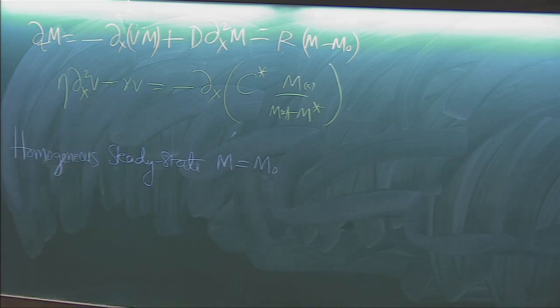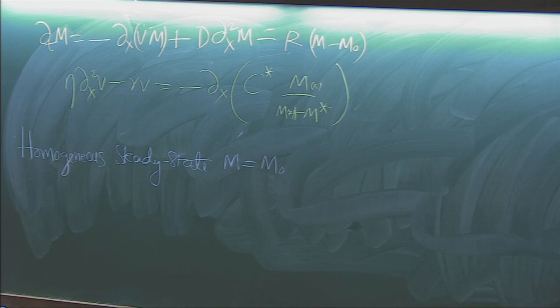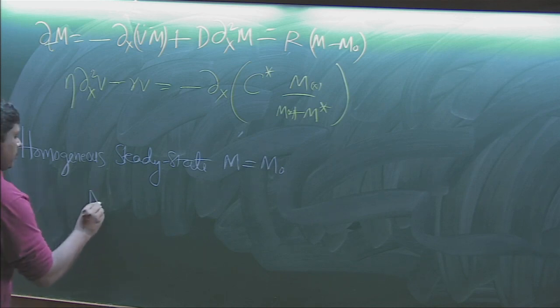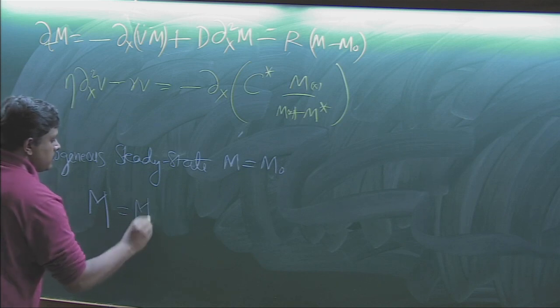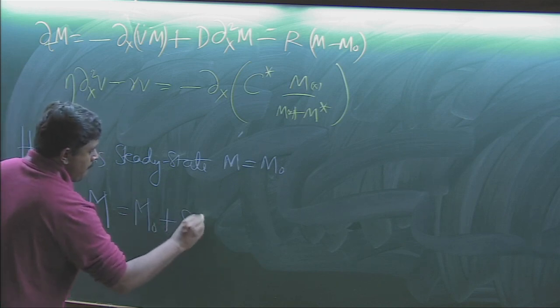So like we did yesterday for the Turing patterns, we would like to ask whether this state is stable. This will turn out to be much simpler than the Turing patterns. So we put in a perturbation, which is m naught plus delta m.